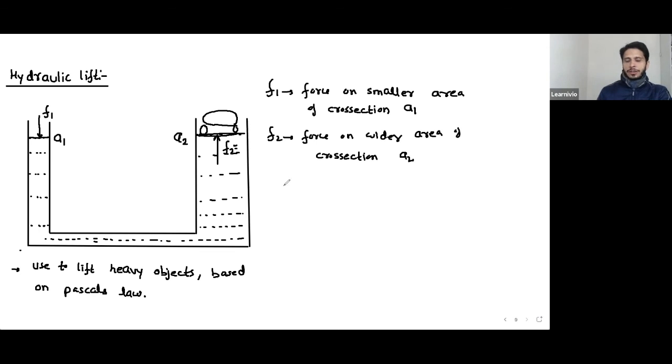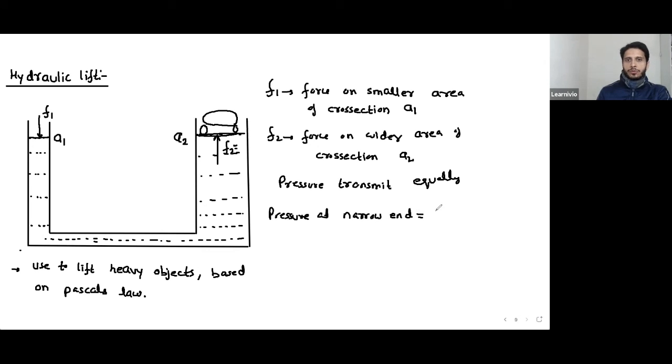Pressure should be transmitted equally. So that would mean pressure at the narrow end is equal to pressure at the wider end.